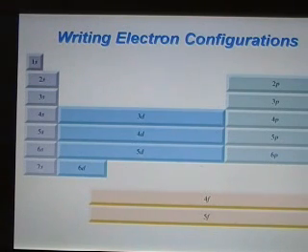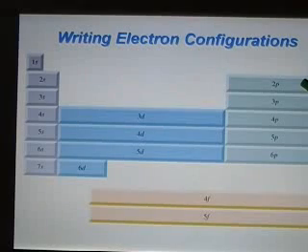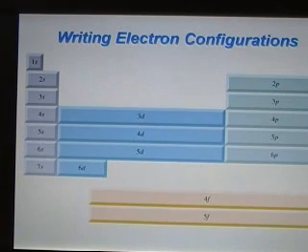You can continue this throughout the periodic table. Let's take fluorine, for example, which is right there. It has 9 total electrons. So we must put 2 in the 1s, 1s2, 2 in the 2s, 2s2, and 5 in the 2p, 2p5.